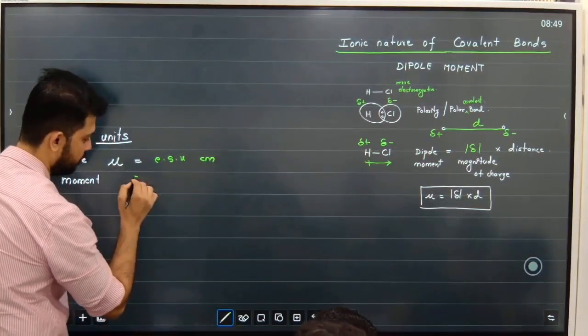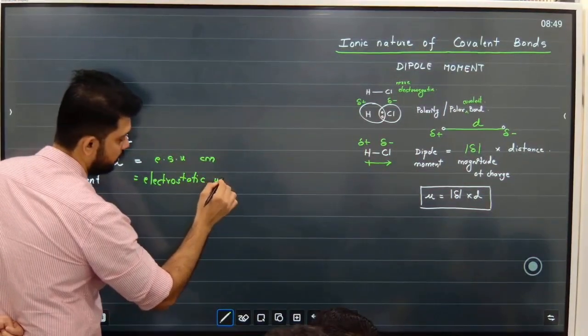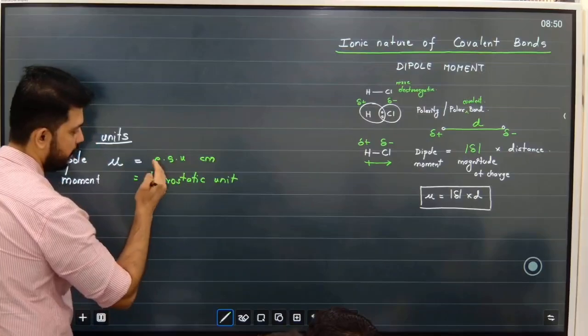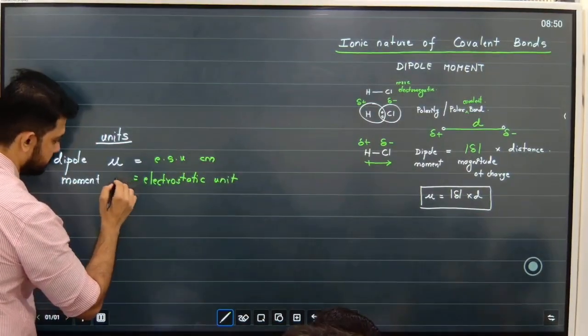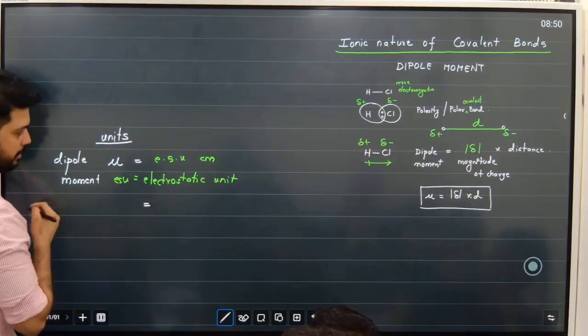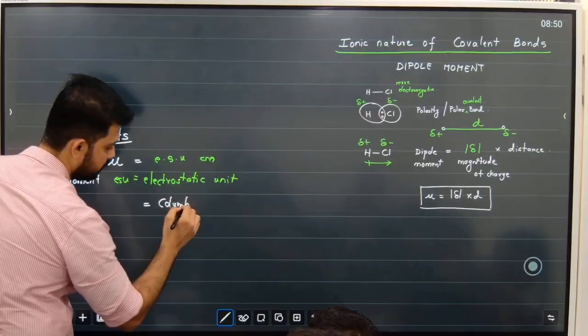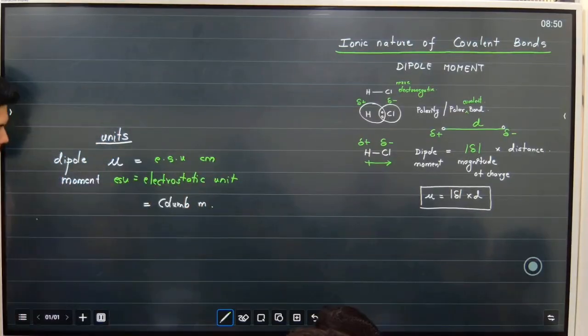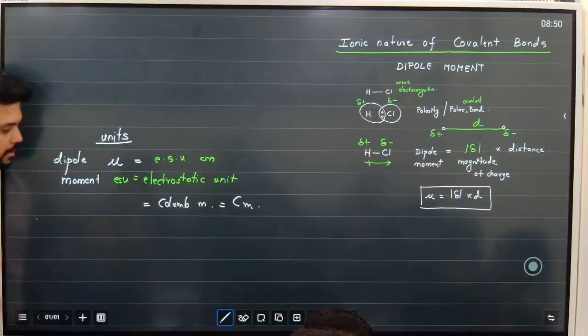ESU stands for electrostatic unit. Electrostatic unit centimeter, and this is the full form for ESU, and it is also given in Coulomb meter. We can also write it as Coulomb meter.